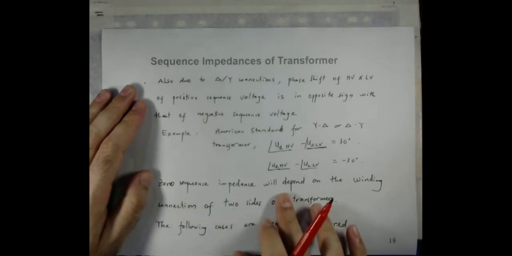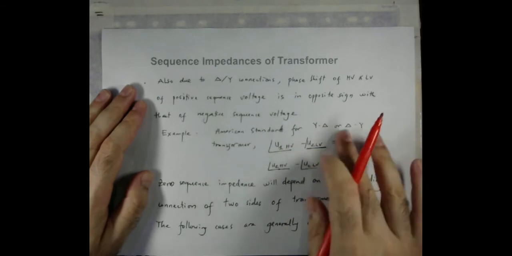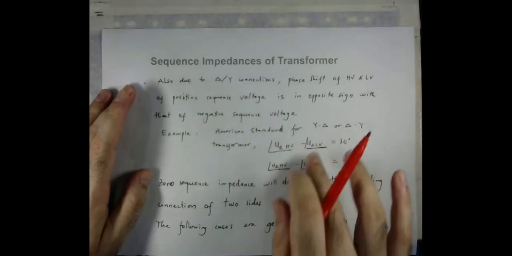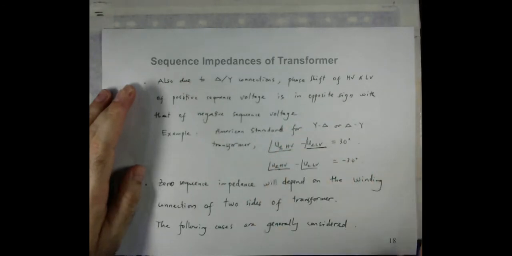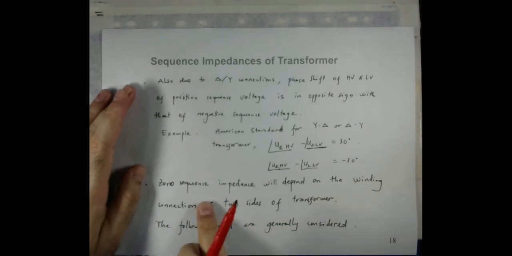I believe you know about these phase shifts from the discussion on transformers, so I will not go into the details. Zero sequence impedance will depend on the winding connection of the two sides of the transformer, as I mentioned. It depends on whether we have a delta on the primary side, or a Y connection, Y delta, grounded, all those different cases.